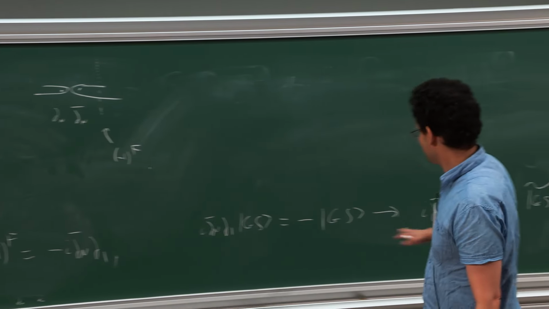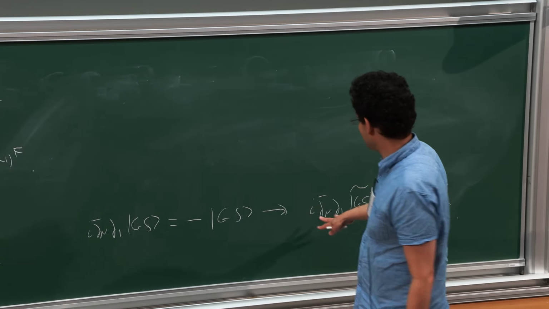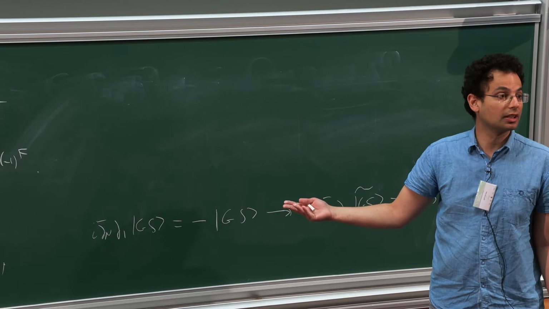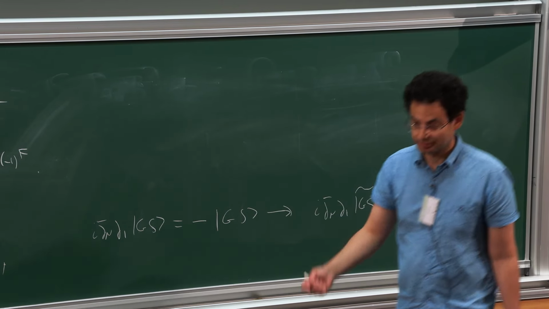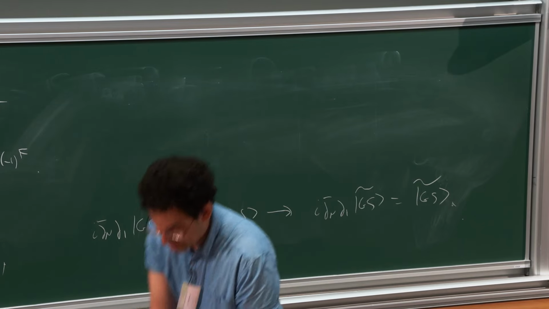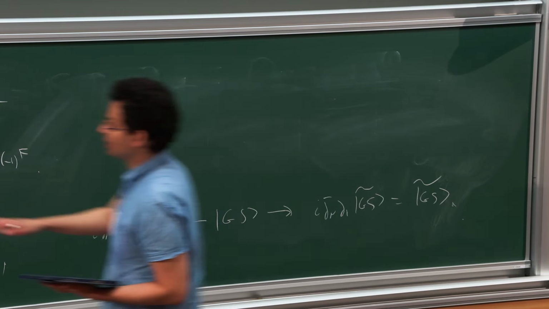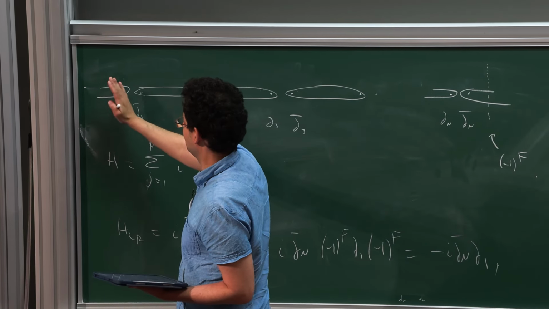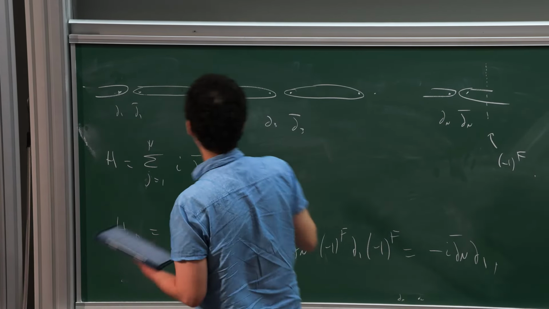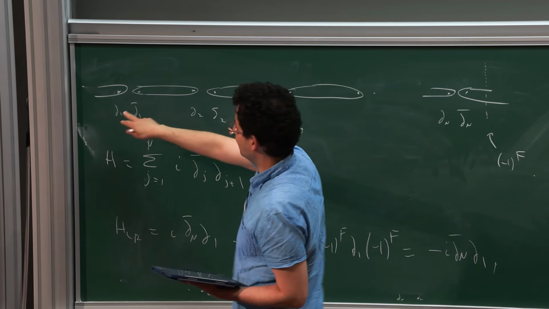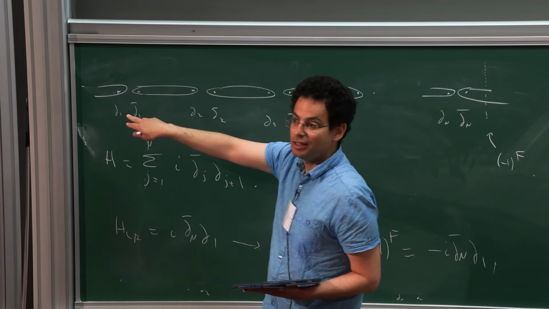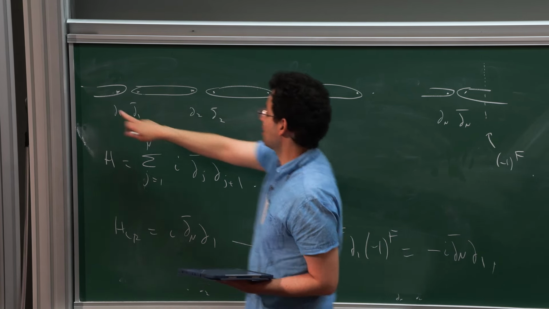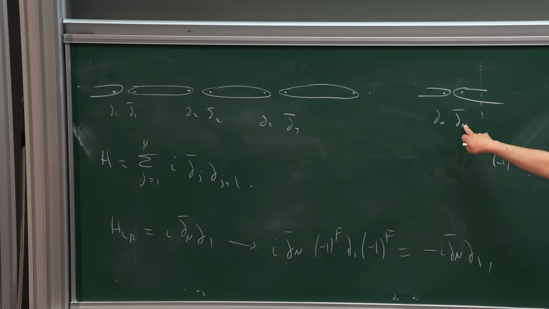And what we'll see is that this change corresponds to the fermion parity of the ground state switching. Remember when we were talking about an open chain with two boundaries, we saw that effectively the fermion parity of the ground state became something like I gamma 1 gamma n bar.